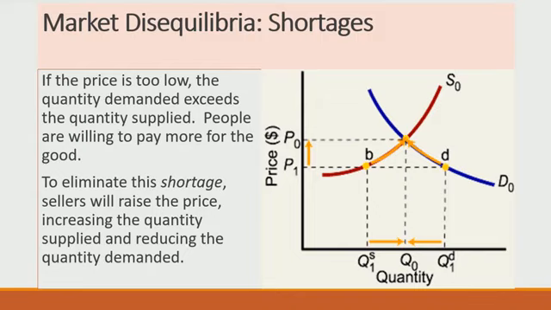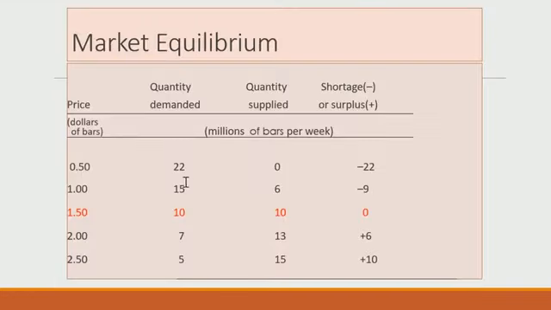I will talk about the first one, shortages. When these shortages arise, and how this shortage situation might be overcome, I will talk about in this slide. So go back to this example.